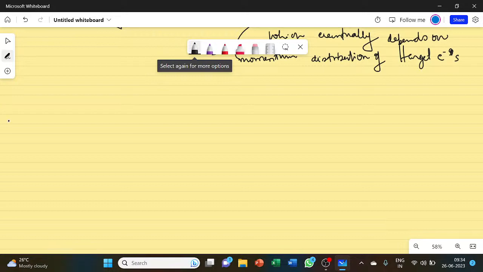Now, one of the most utilized representations is the integral representation, and this is quite important for you. Just remember this: the integral representation of the Dirac delta function.